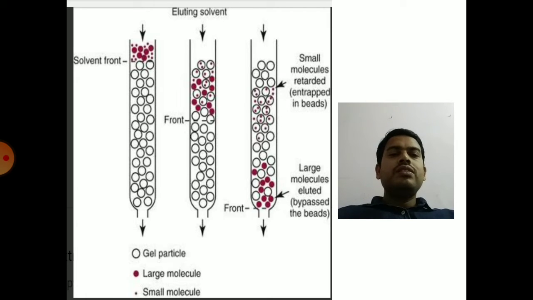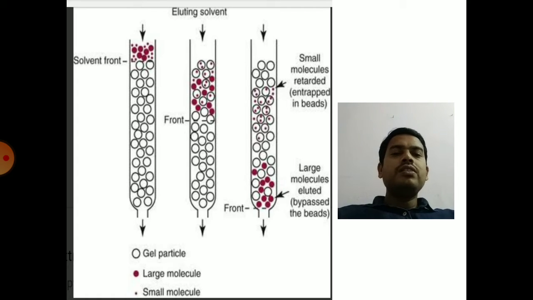For example, if you want to separate a single protein from a mixture of proteins, the proteins will be exhibiting different shapes. For example, you can see large molecular weight proteins and small molecular weight proteins. Large molecular weight proteins travel in the spaces between the gel beads of the stationary phase, whereas small molecules will enter into the gel beads.